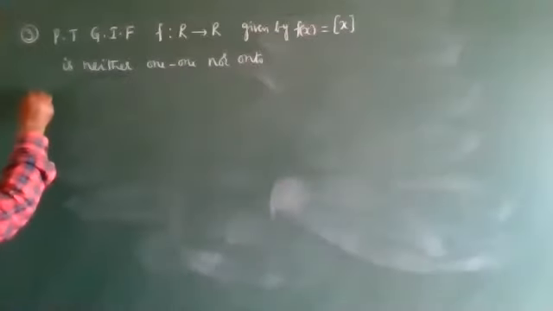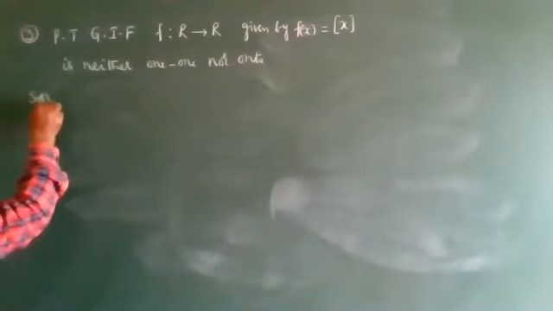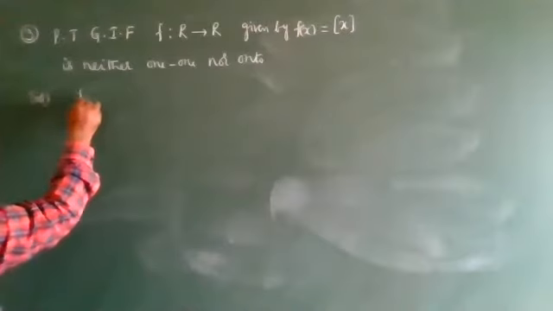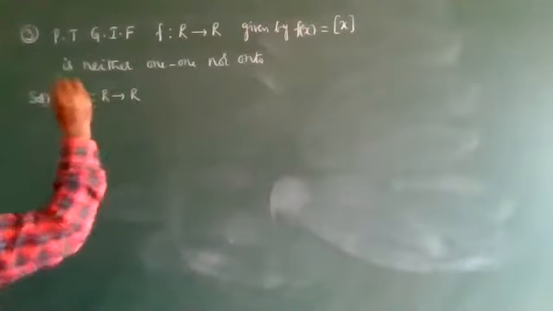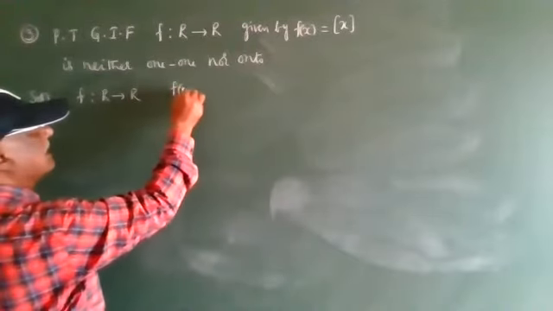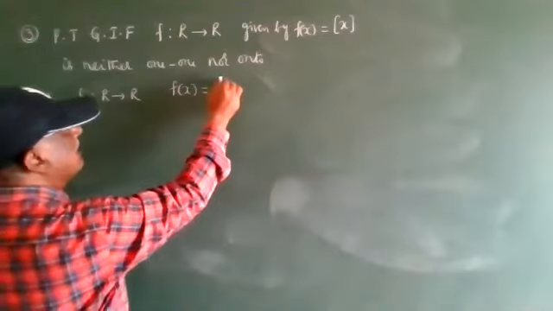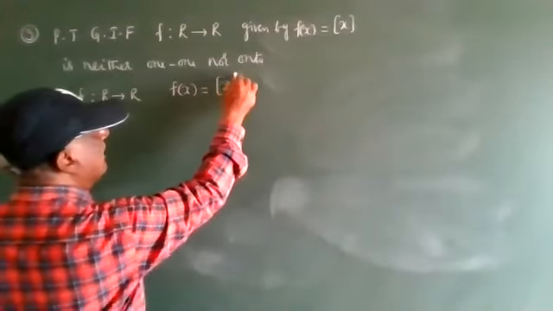See, I will write the solution first. f is a mapping from R to R. f of x is given by the greatest integer function.